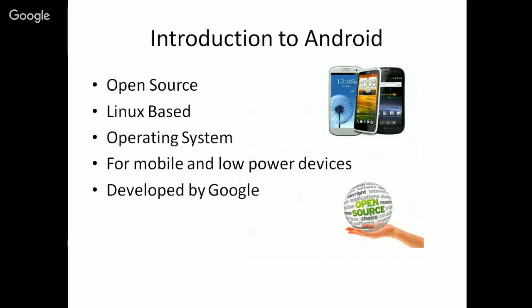The meaning of open source is that every resource that we look for is available free of cost anywhere over the internet. Basically, that's the biggest advantage of Android application development or any open source projects.